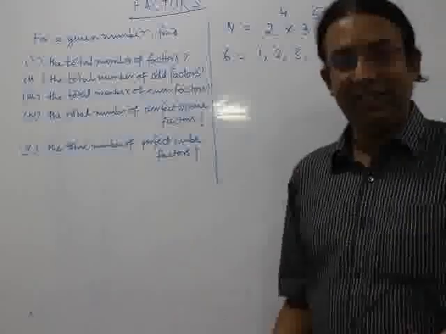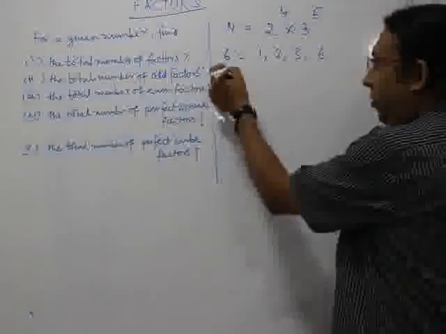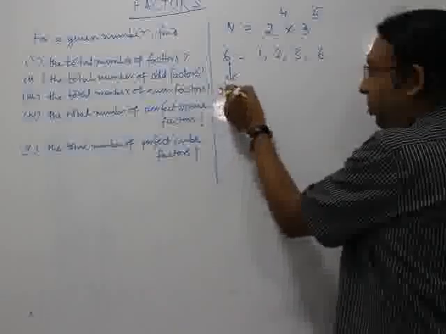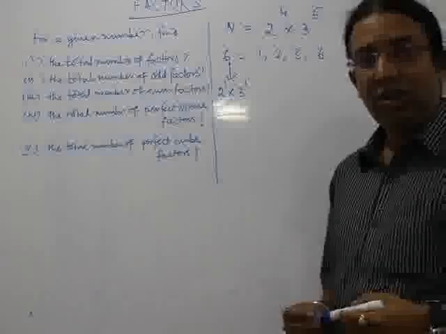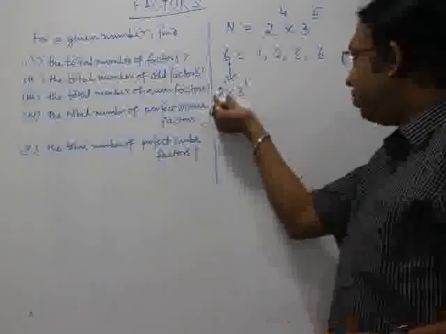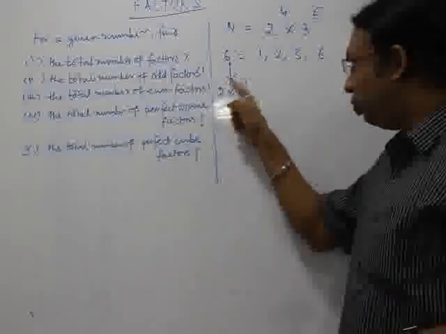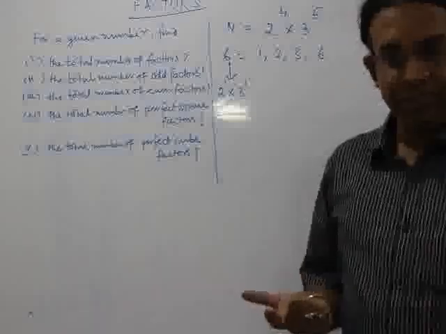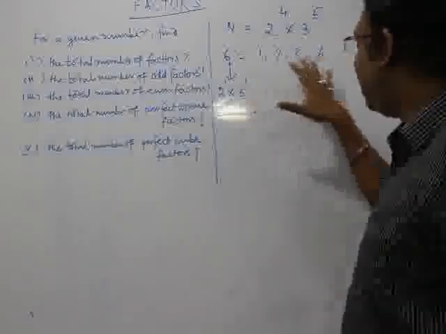Now what does that mean? Okay, now let us see. When I break it in terms of the prime factors, I can see that 6 can be written as 2 to the power 1 and 3 to the power 1. Now let us try and look at this.